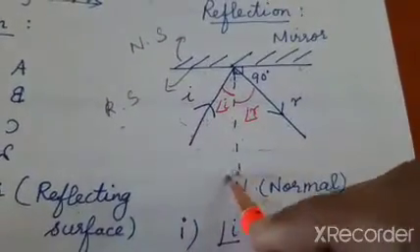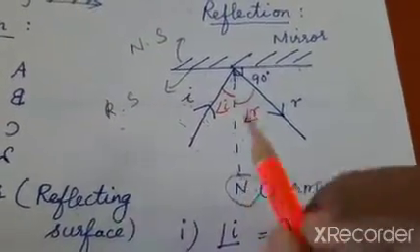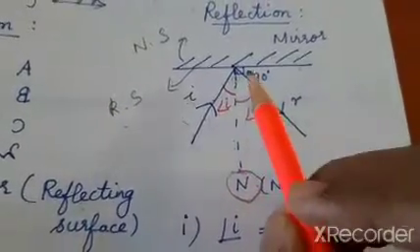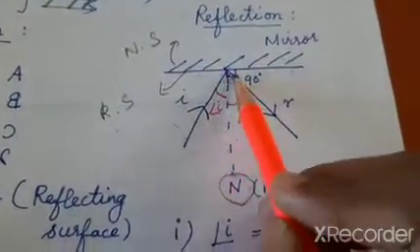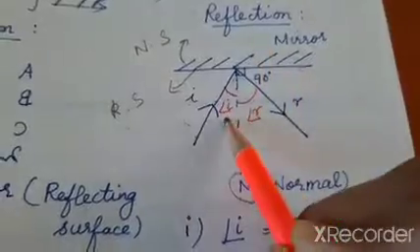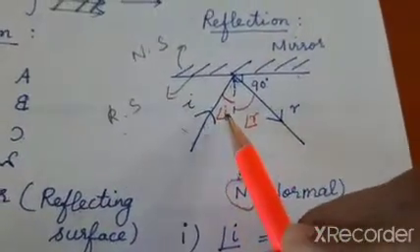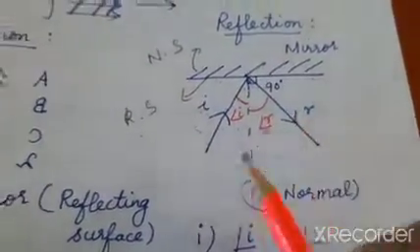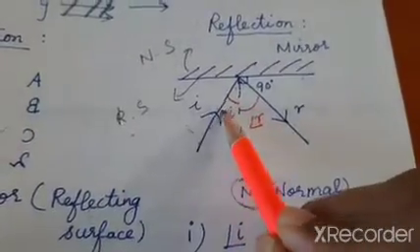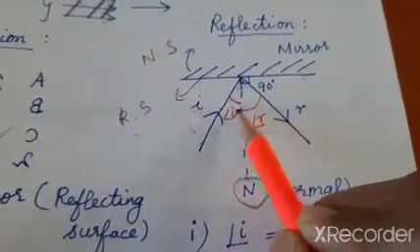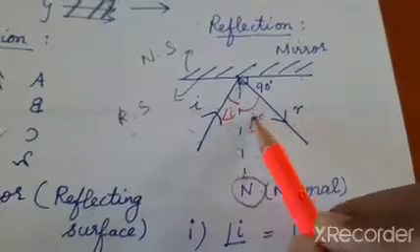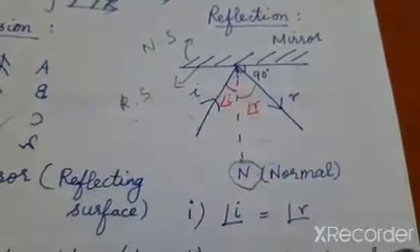Then what is the use of normal here? The normal is drawn perpendicular to the reflecting surface for measuring the angle of incidence and angle of reflection. So angle i means angle of incidence, angle r means angle of reflection.